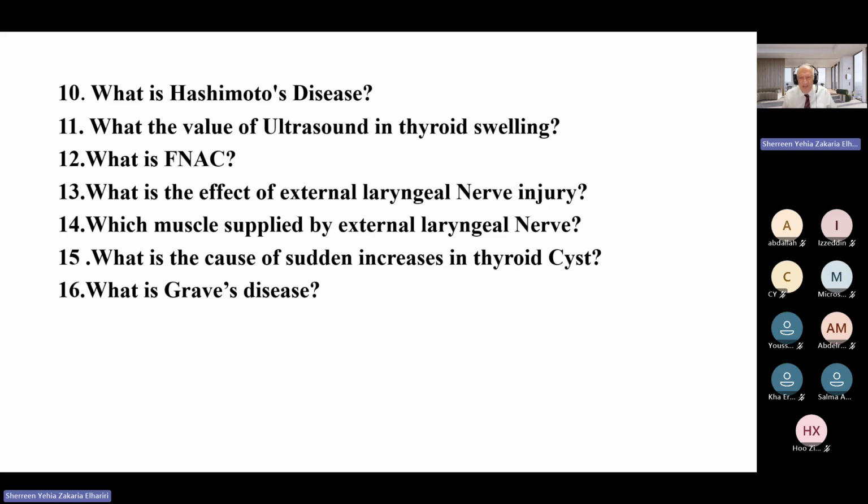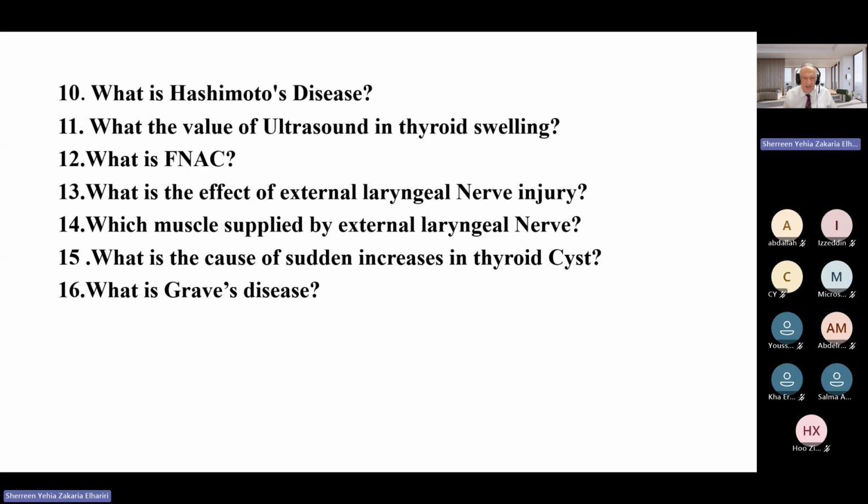What is the value of ultrasound in thyroid swelling? It differentiates solid from cystic. If it's cystic, what do you need to do? Fine needle aspiration cytology, guided by this. In the ultrasound, you look whether it is cystic or solid, and what else in the neck? Lymph nodes, because of papillary thyroid carcinoma.